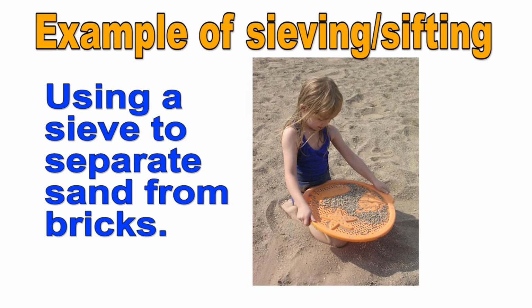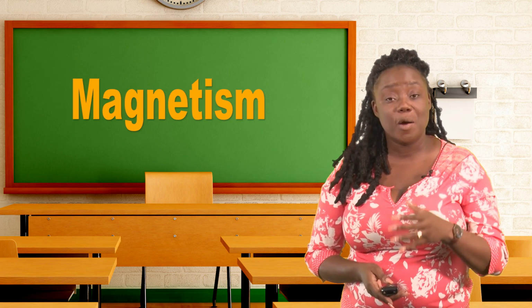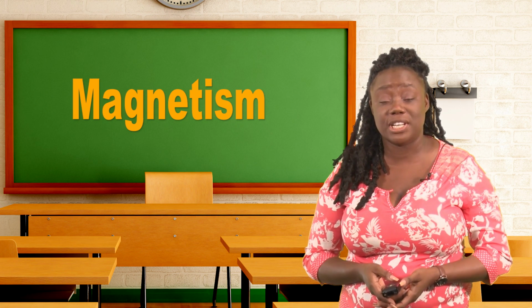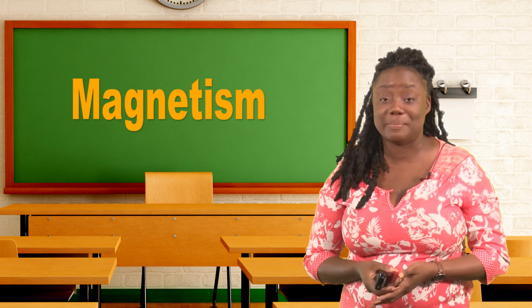So if you have to separate a mixture of sand and bricks, the sand would pass through the sieve or the sifter, and the larger particles, which would be the bricks in this case, would be left at the top.